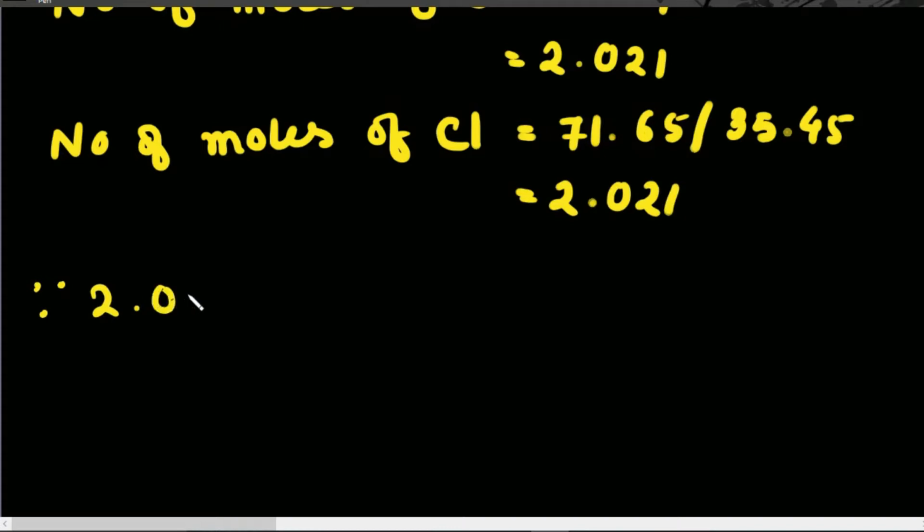Since 2.021 is the smallest value, we divide all the number of moles values by it and get a ratio of 2:1:1 for H:C:Cl.